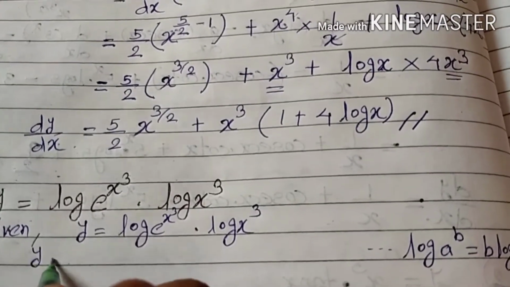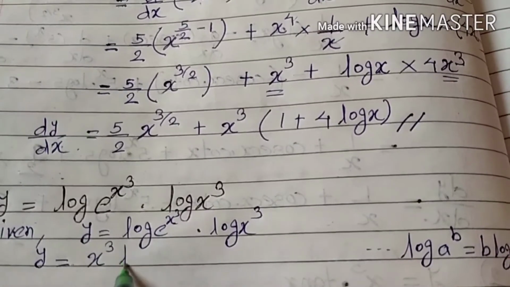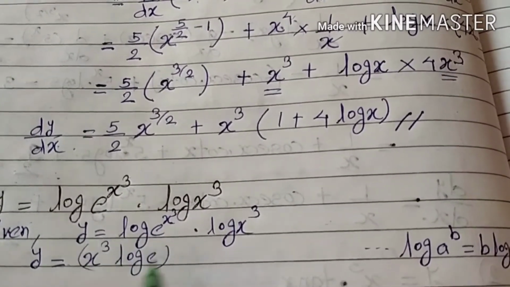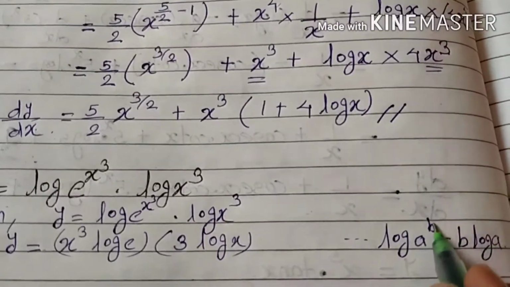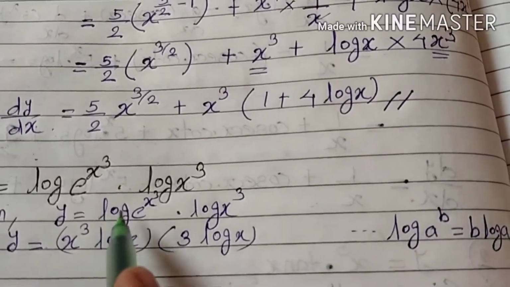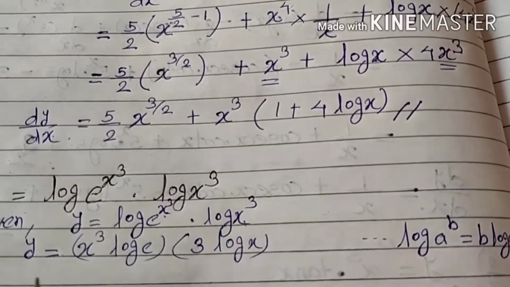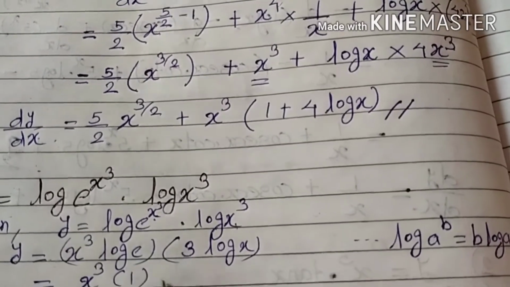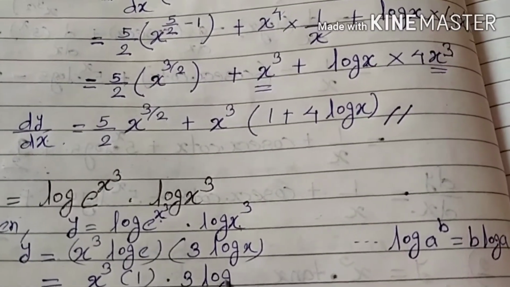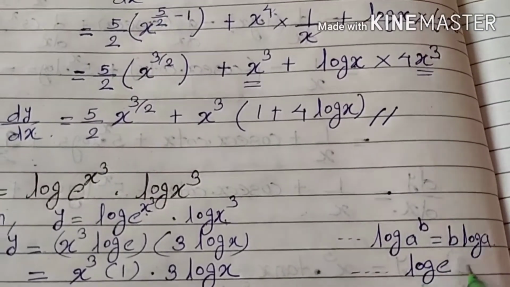So here y is equal to, now x cube jump here, so x cube into log e, and it is 3 log x. Here b log a, so this x cube log e and this is log 3 log x. Now here x cube into 1 and into 3 log x, because log e is 1.